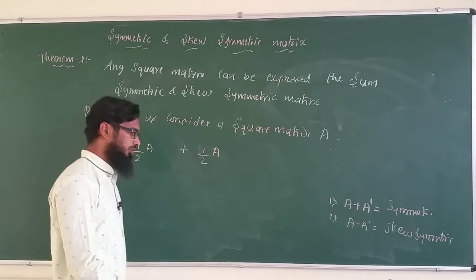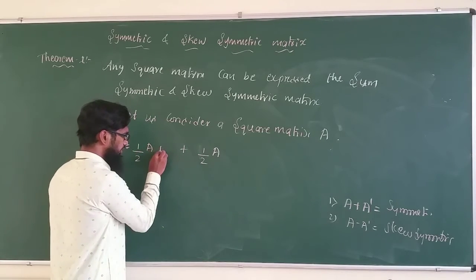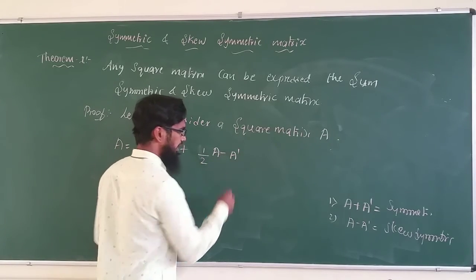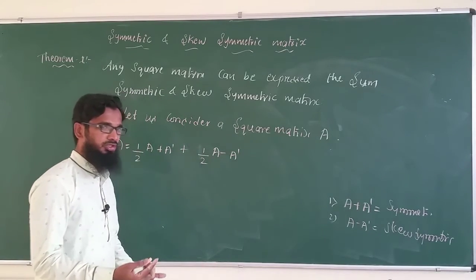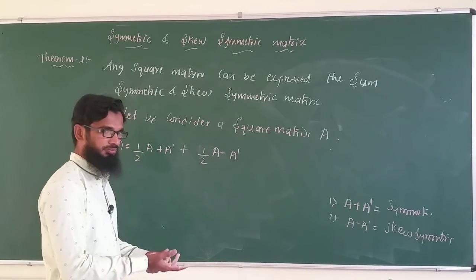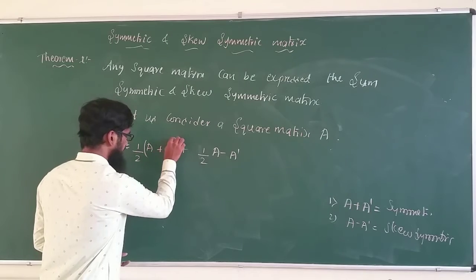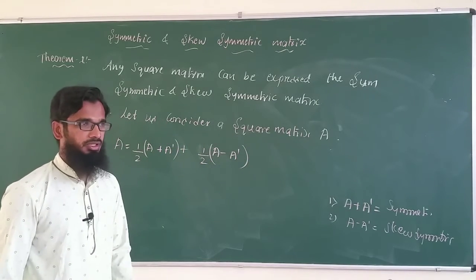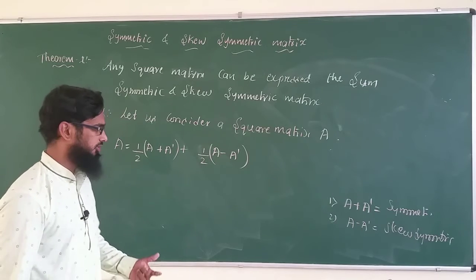Now the second thing I will consider is, I will just add A dash here and minus A dash here, means I will just add and subtract the A dash, there is no change in that value, the value will remain the same. Now you just see, if I take the brackets here, if I add the A dash, subtract A dash, there is no change in the value.